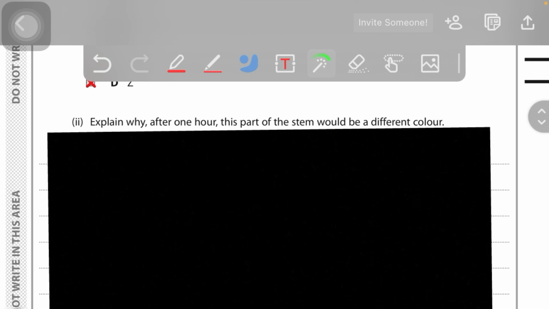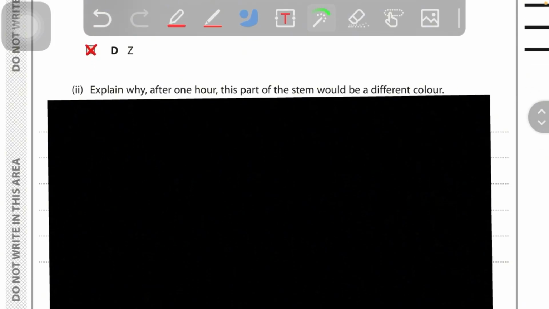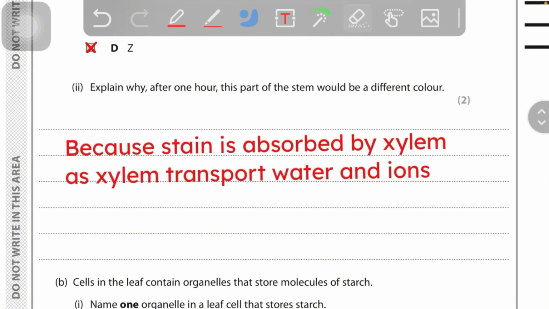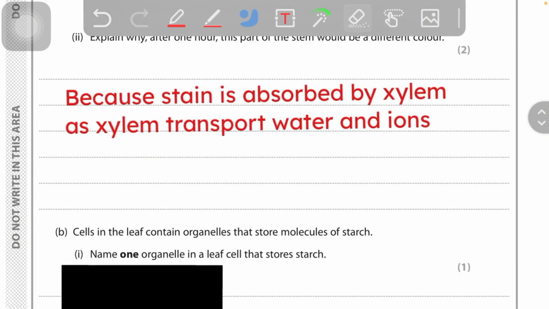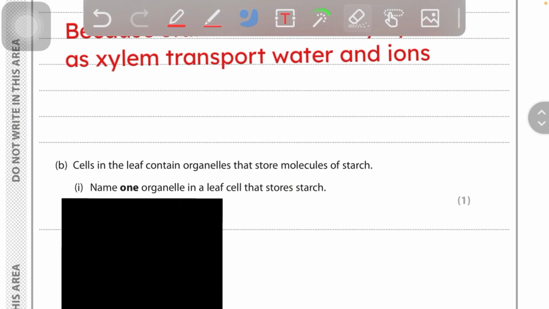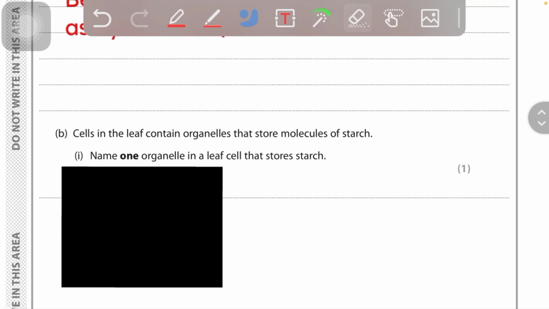So it absorbed the stain, and it transported it, which is why it showed color, right? Because stain is absorbed by xylem and xylem transports water and ions. This is a definition for 2 marks. Then question B.